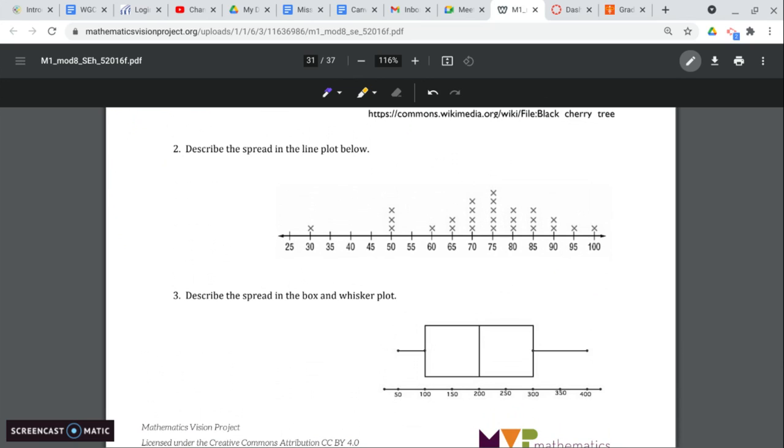Now here we've got a line plot and also a box and whisker plot. So we're going to look at the box and whisker plot. We've got a range from 50 to 400. So 400 minus 50 is 350, so its range is 350. There are no outliers.